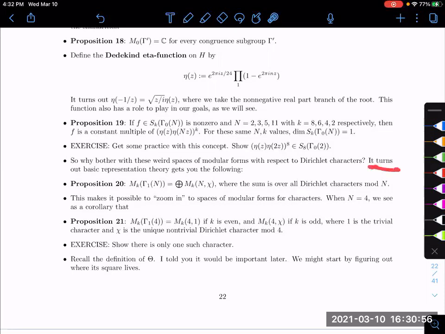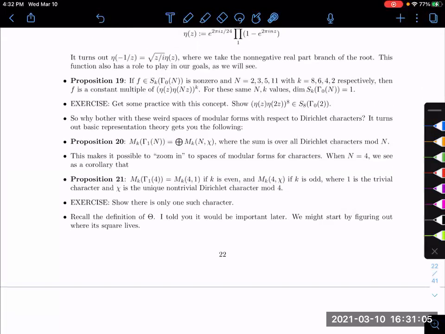But if you're familiar with representation theory, you can actually prove the following, and this should convince you that these spaces of modular forms with respect to characters are special. If you take the weight k modular forms for gamma 1 of N, then it turns out you can decompose that space into the direct sum of the weight k modular forms with respect to chi, where the sum is over all Dirichlet characters mod N.